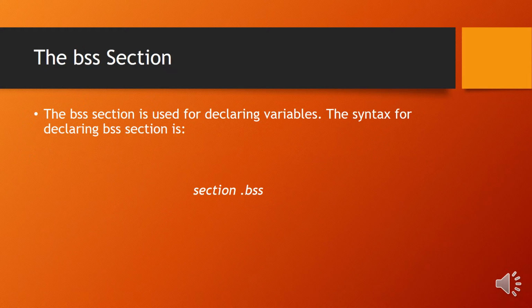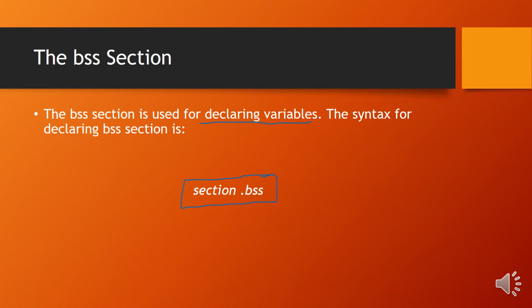Now, the BSS section. This is the second section of the assembly program. It includes variables which are declared inside this section. It means in the BSS section, you are defining the variables which are not initialized.